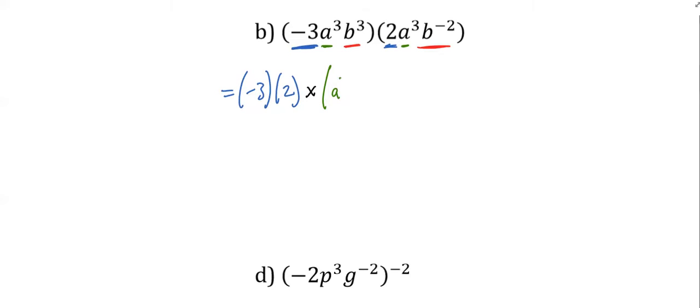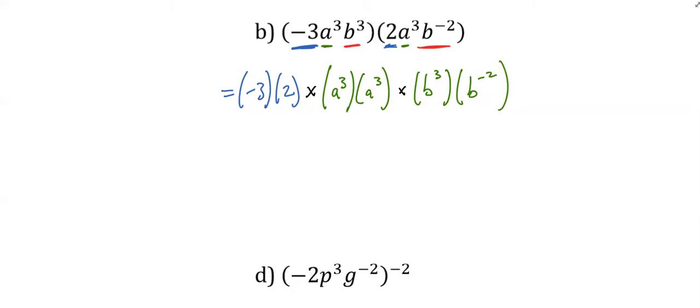This is not like terms, but it might help you to think I put like things together: numbers together, A's together, B's together, C's together, X's together, Y's together, and then multiply them. Does that make sense? Well, if it doesn't make sense, that's kind of too bad, I guess, because we're moving on anyway. But now I can look at this and say, so what is negative 3 times 2?